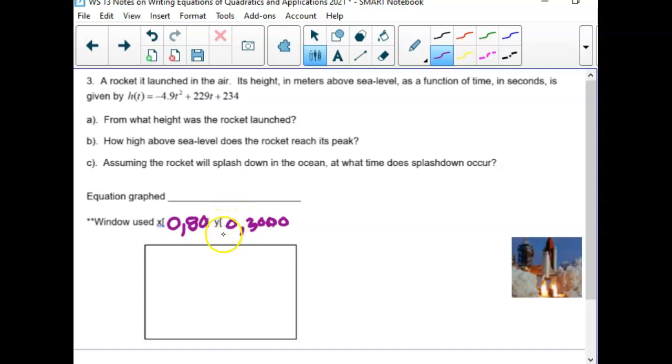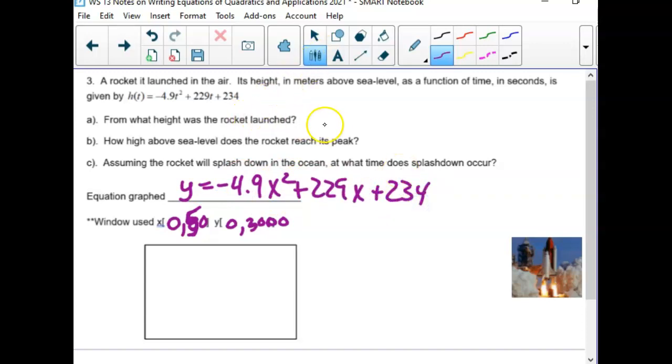Ooh, 3,000 just catches the top. 50 works good here. Okay. So 50 or above and 3,000 or above will work. And here we put in y equals negative 4.9x squared plus 229x plus 234.